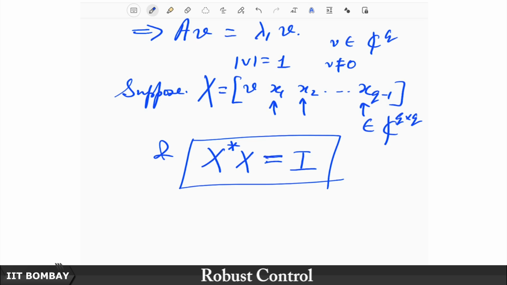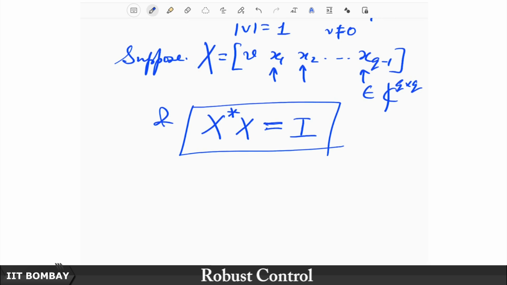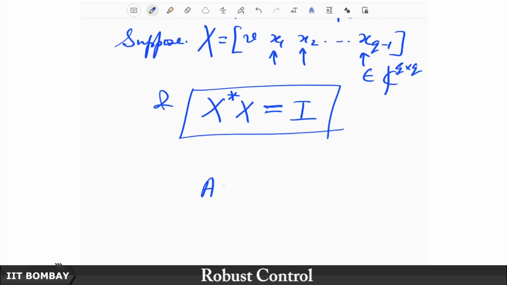So, this at least we understand. Now, look at this A X, what does it look like? You have A V, A x1, so on till A x q minus 1.